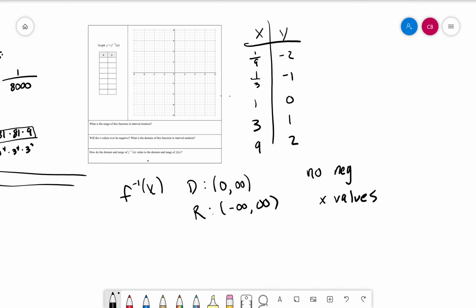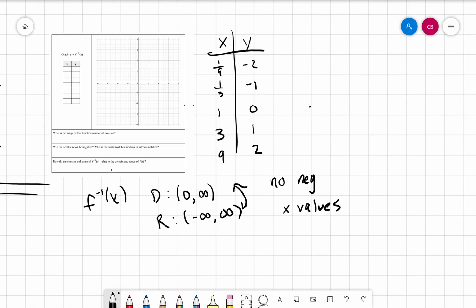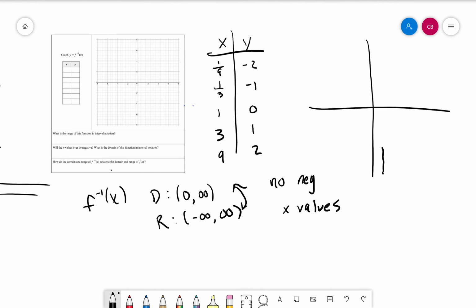With that being said, how do the domain and range relate to the domain and range of function f? Obviously, the answer to that is they have switched, they have replaced each other. And so with that being said, I think that kind of reiterates the point. If we do the graph of this one, it's going to do something similar to this.